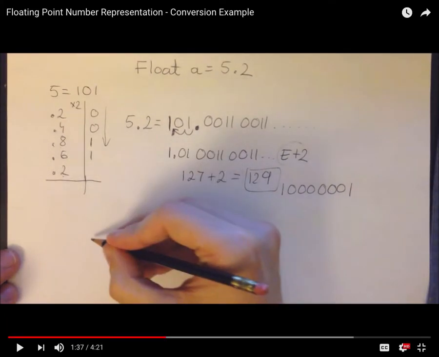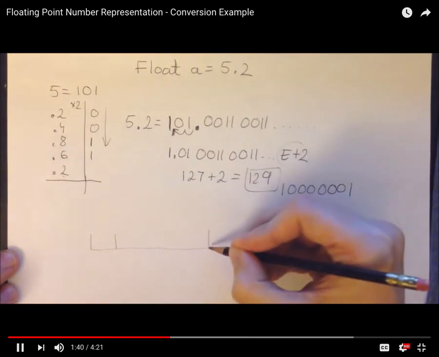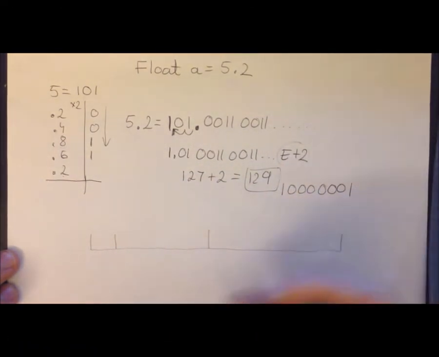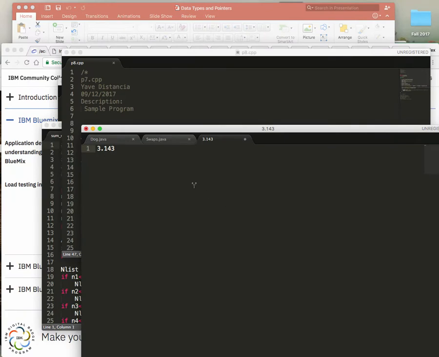I guess his trick is the 127 constant for anything? Yes, for any floating point number. And by the way, the 127 part is, if you have a binary number, 1, 2, 3, 4, 5, 6, 7, 8 digits, these are hard to write.